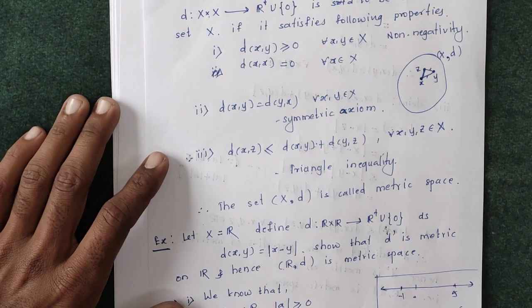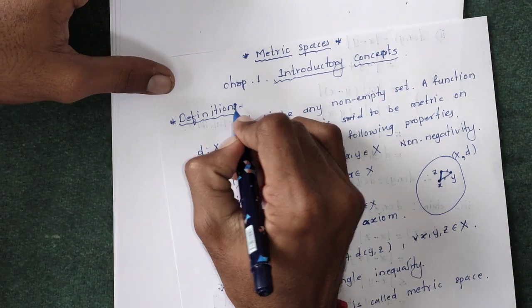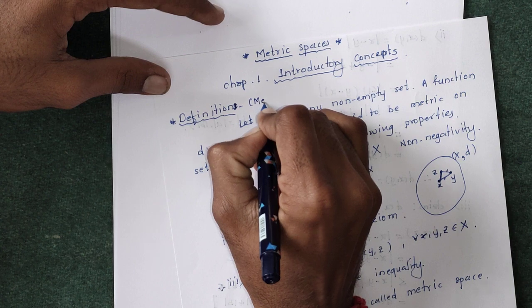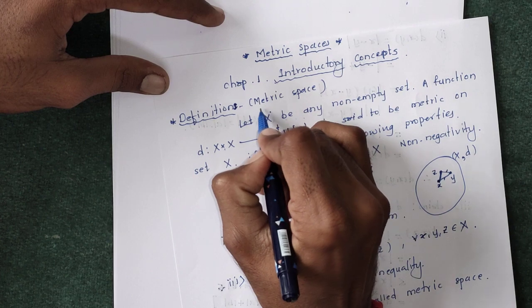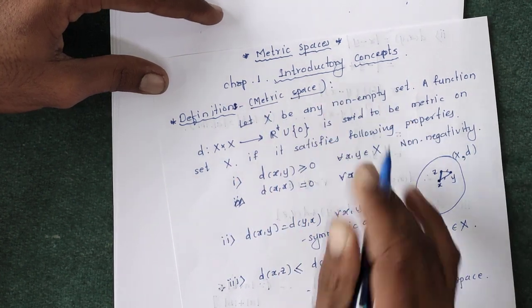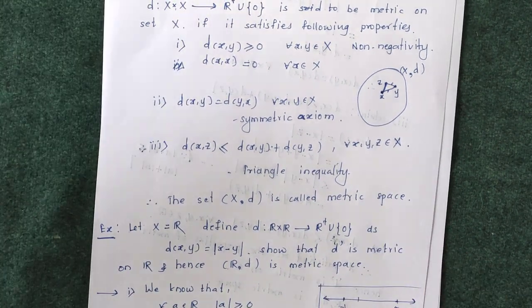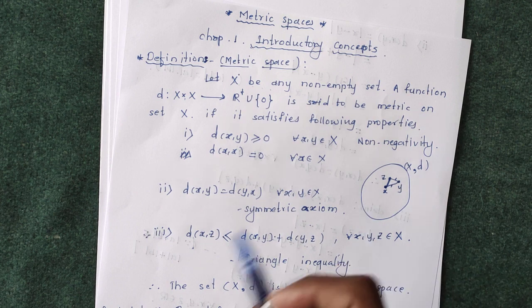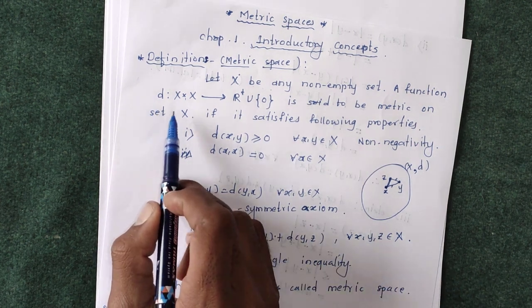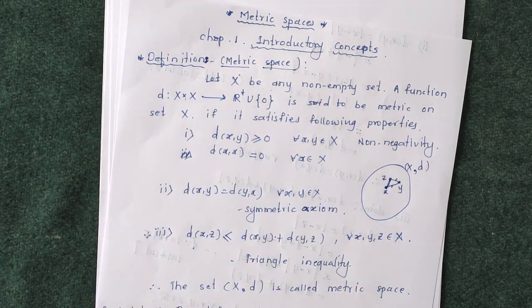In the first example, first of all, we have seen the definition of metric space. The definition tells us, for any non-empty set X, a function D defined on X cross X to R plus union singleton 0 is said to be a metric on X if it satisfies three properties.